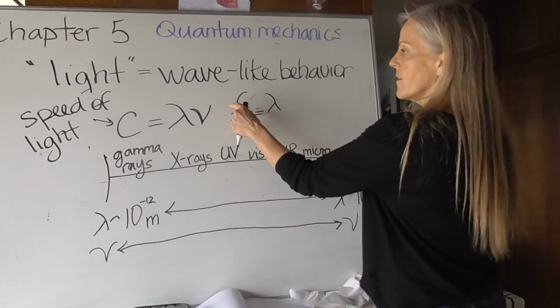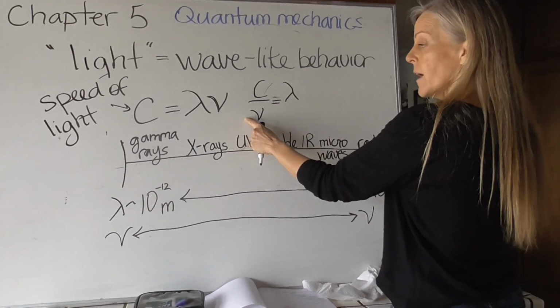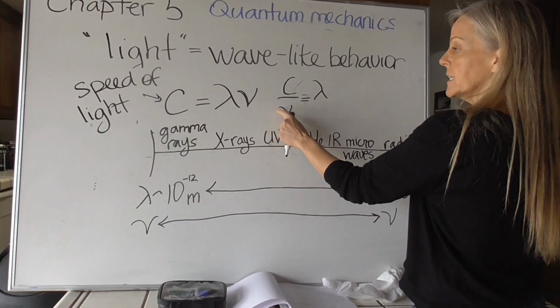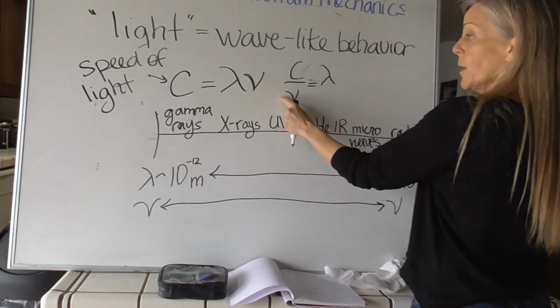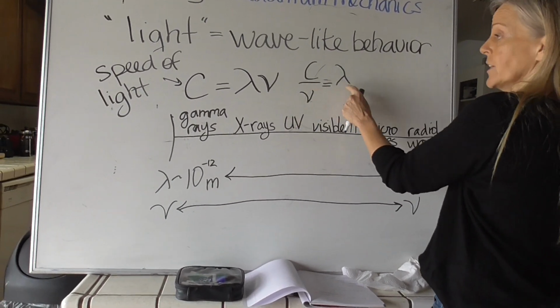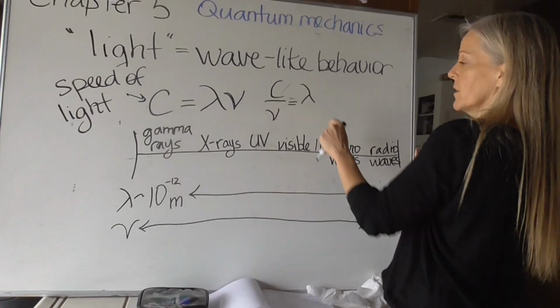So if you have nu on the bottom of the equation, the frequency, and this gets bigger, you're going to have a smaller and smaller fraction that's here. So that's going to get smaller.